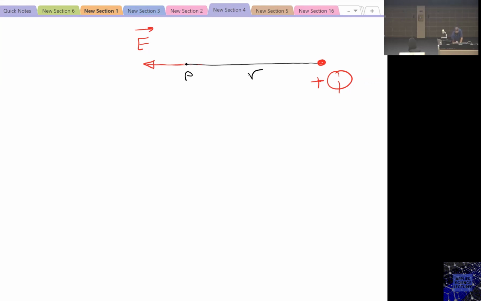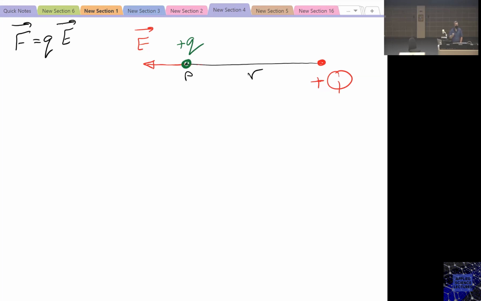Now, if I bring my small letter q and put it right here on P, and this small letter q is a positive charge, what are you expecting the force to be based on the expression F equals qE?